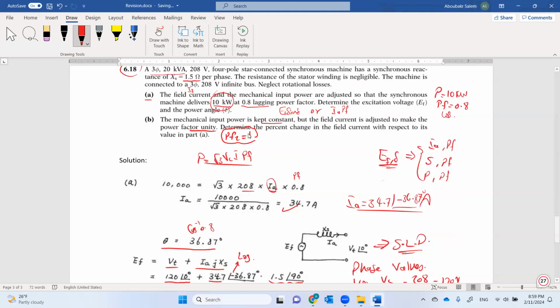What is needed here? Determine the percent change in the field current with respect to the value in part A. So we have a certain field current in part A. What is the change in the field current in the second part?